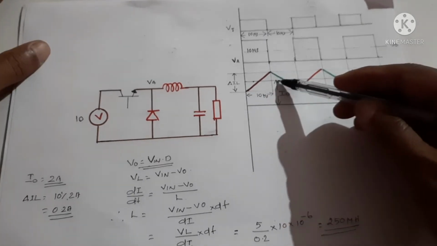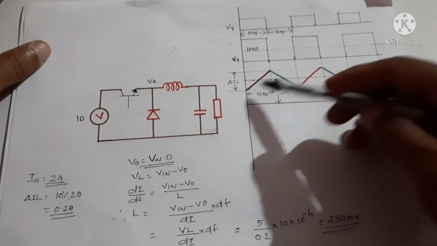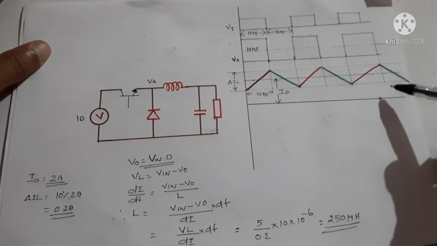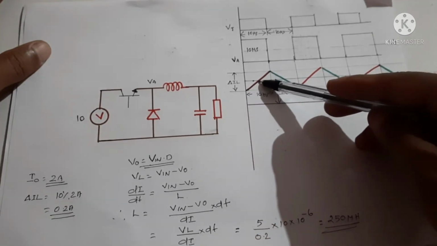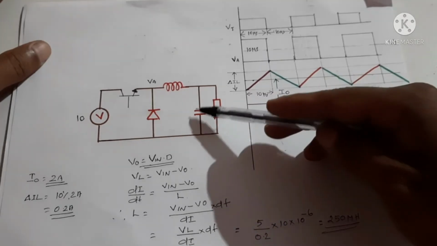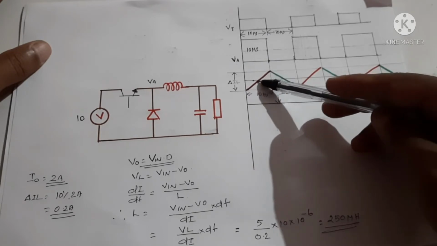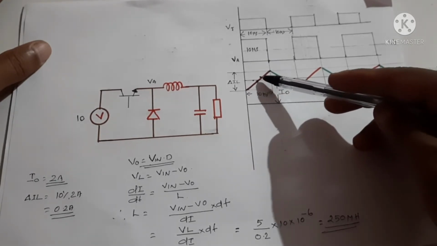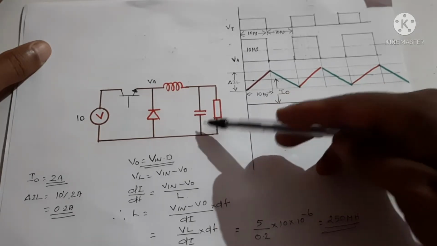This portion is called I0. This is the current that is flowing through the load. When the I0 is less than the inductor current, the capacitor is providing the charge. And when the inductor current is more than the I0, the extra current goes to the capacitor.